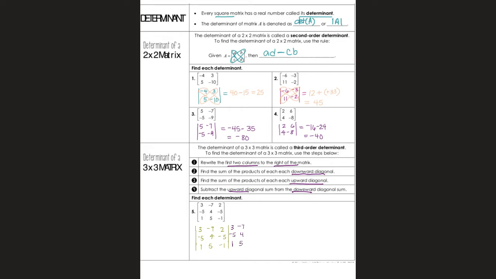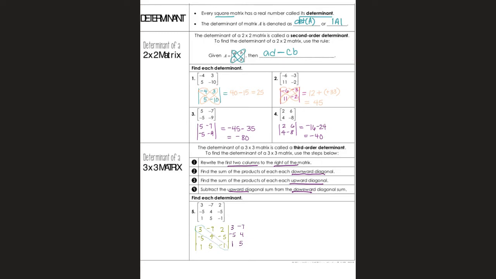So again, you're changing your matrix to the determinant form. You're rewriting your first two columns. And now you're going to go through the downs minus your ups, except for now you're going to have 3 different diagonals to work with. So your first diagonal would start here, and we are going to extend that all the way through.